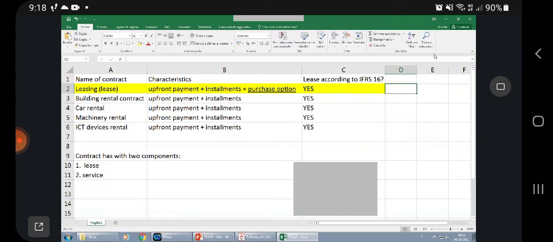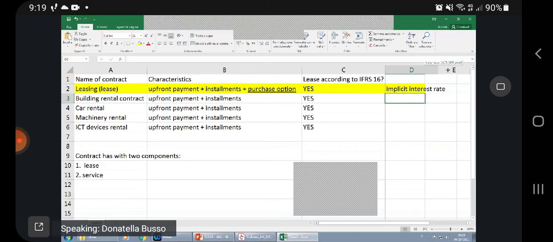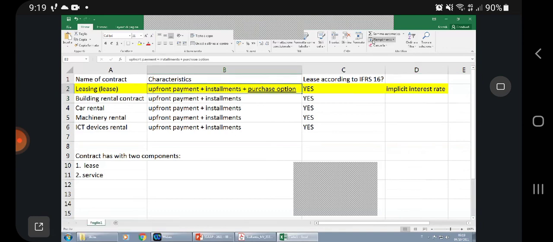So it is quite common here to be able to easily find the implicit discount rate, the implicit interest rate. Because you read the contract, and it is quite common to find this interest rate in the contract. Because when the lessor decides the amount of the installment, the lessor takes into account an interest rate.